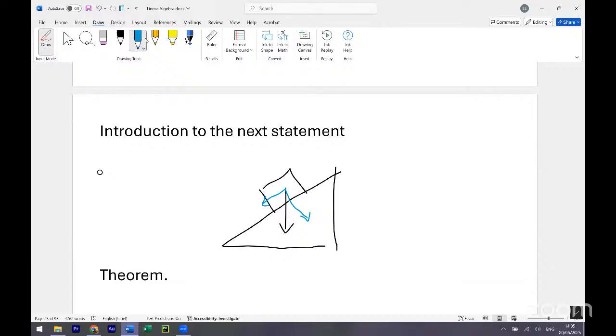Agreed? Now, an important question is whether there is only one way to do it or more. Think of how horrible the result would be. Maybe it's the sum of these two components, and that will be the speed down the slope. Or maybe these two components, right?